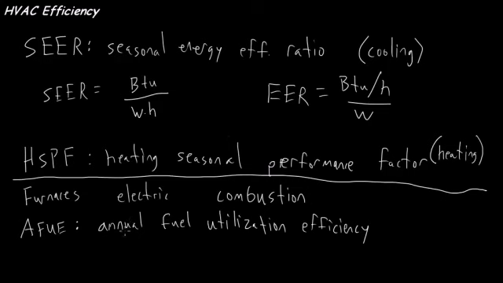So essentially, we burn some fuel over an entire season and total it up, and then we look at how much of that heat energy actually made it into the space. And the ratio of those two things is the furnace efficiency, or if we average it over the course of the season, it's the AFUE. Unlike COP, this number is always less than 100%.